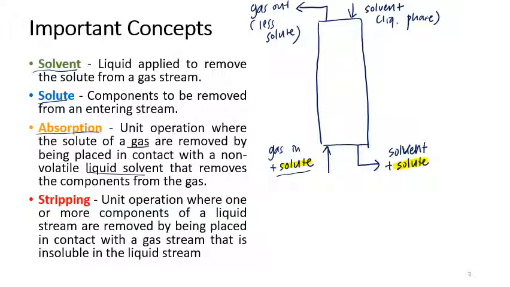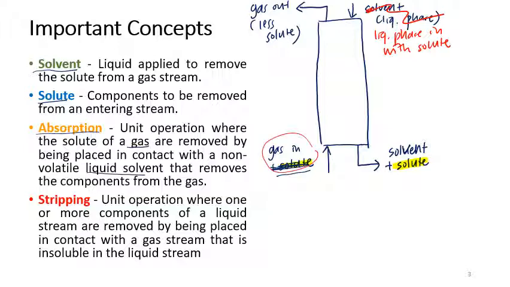So in stripping, the solute is in the liquid phase. You have liquid phase in with solute, and you want to remove the solute from the liquid phase by using a gas.